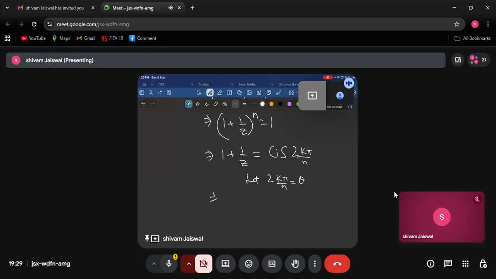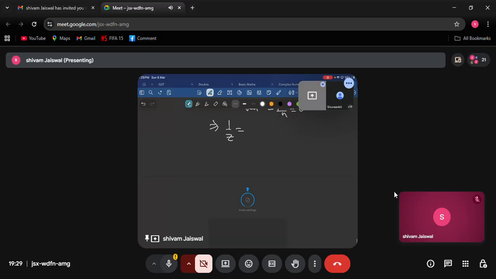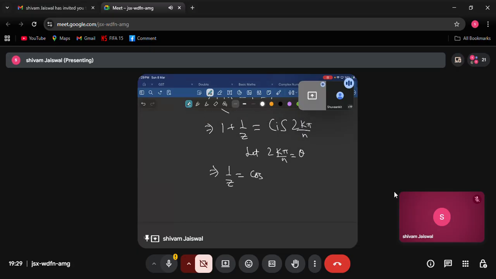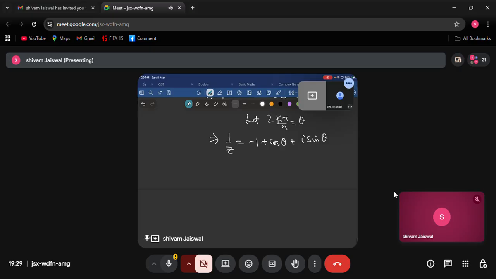So I can say 1 by z is equal to cos theta minus 1 plus iota sin theta, that is, minus 1 plus cos theta plus iota sin theta. I can write z is equal to 1 by (minus 1 plus cos theta plus iota sin theta).